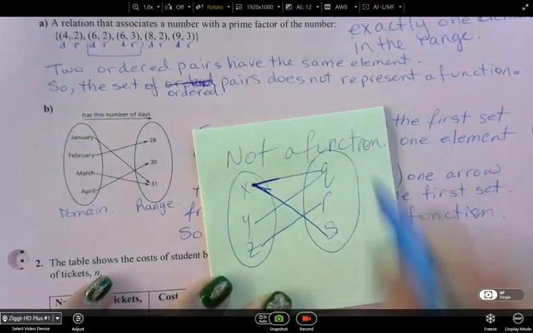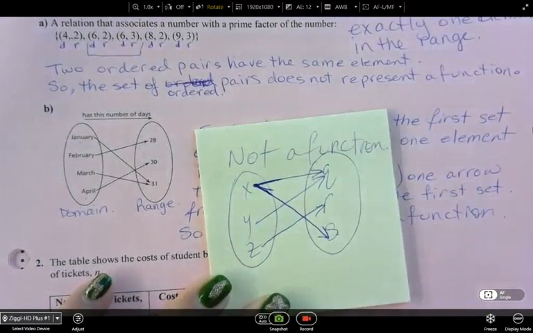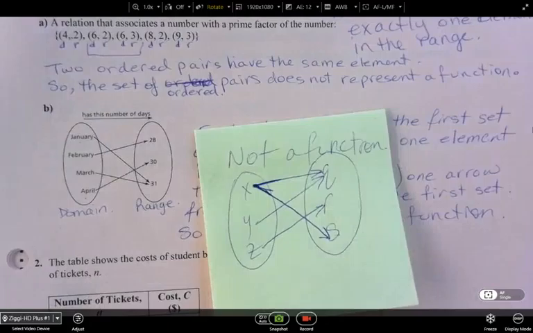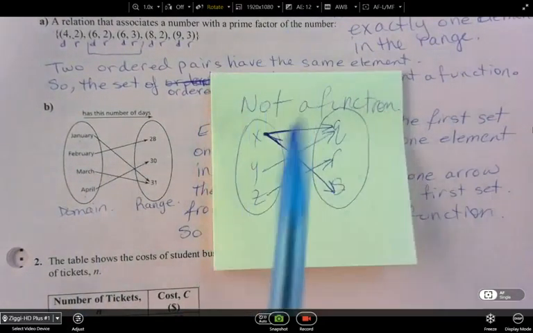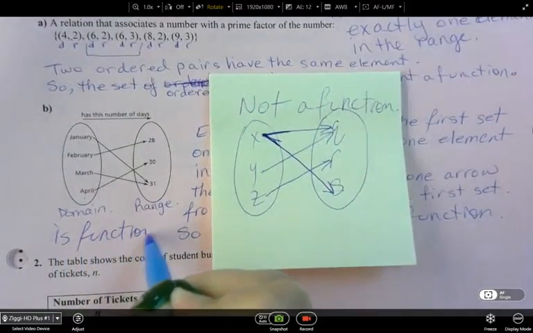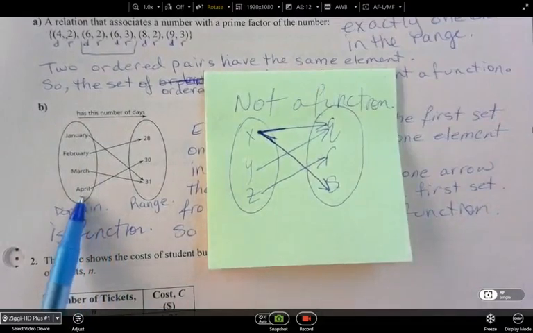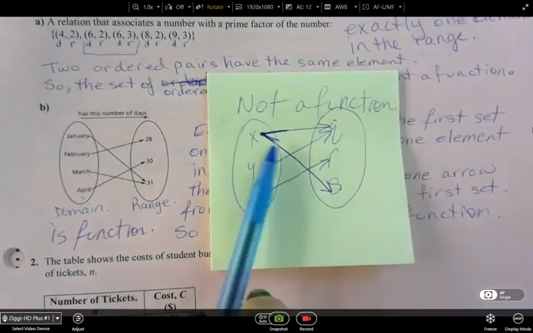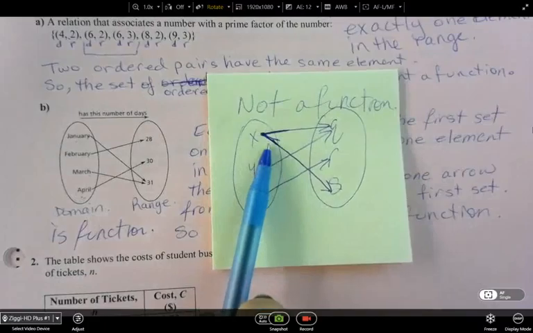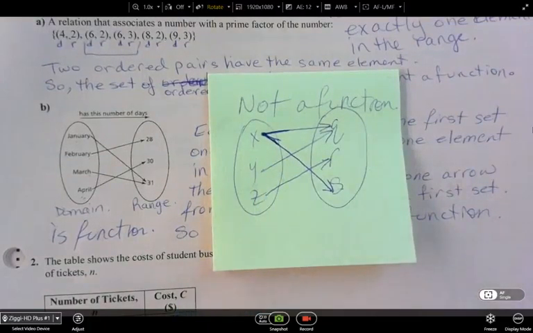And let's say Z goes to R just so that R doesn't get lonely. Does that make sense? This is the difference between, so this one is a function. So you only have one coming out of each domain. And this is not a function. You have 2 arrows coming from one domain. Okay? See the difference?